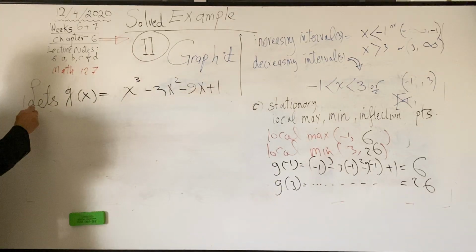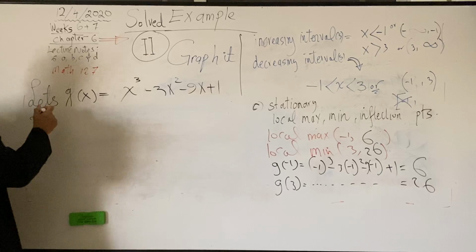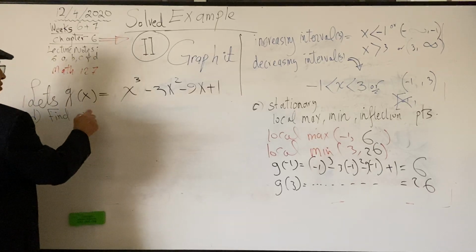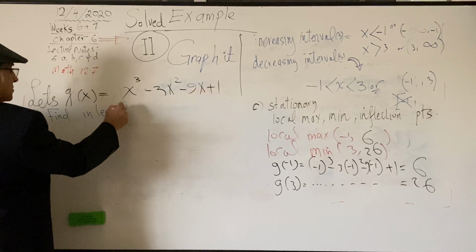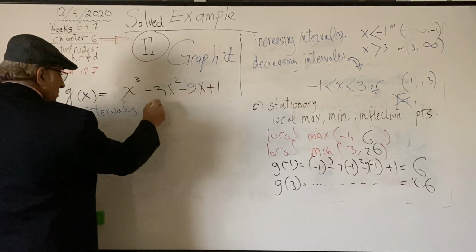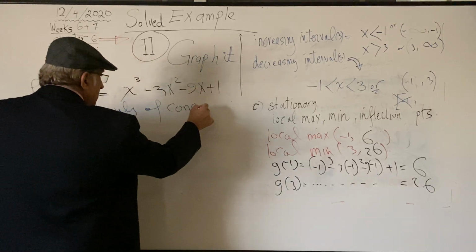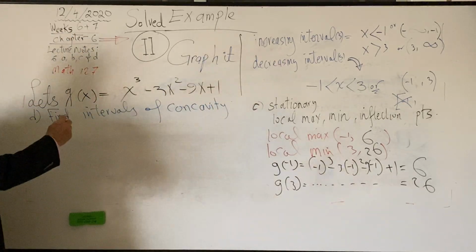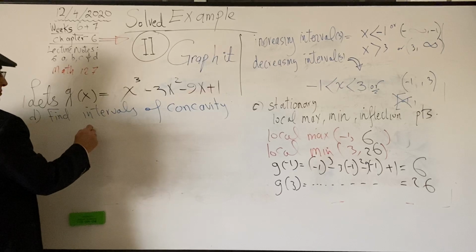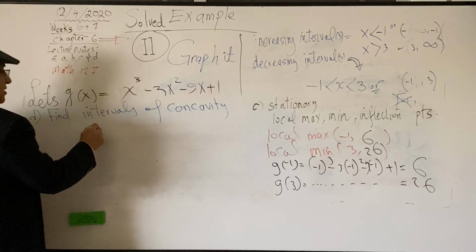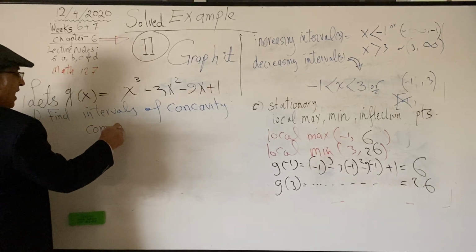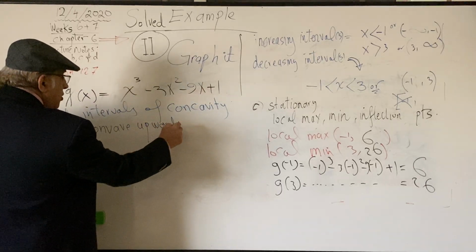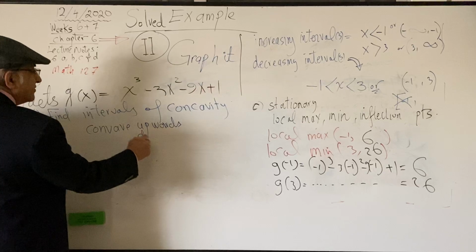My question D says, let's find intervals of concavity. What do I mean by intervals of concavity? It means you could have a curve that is concave upwards, or it could be concave downwards.